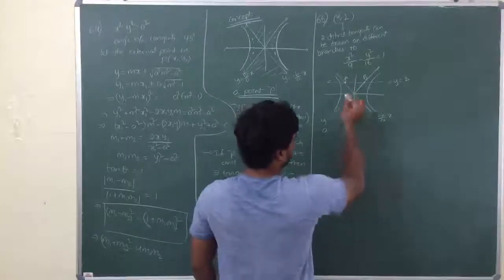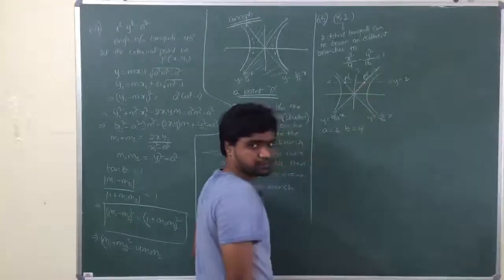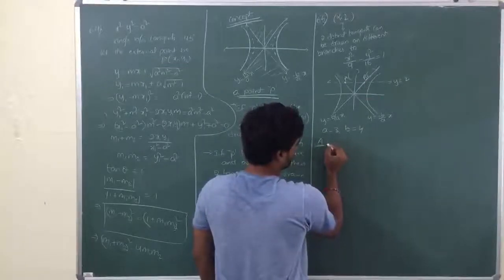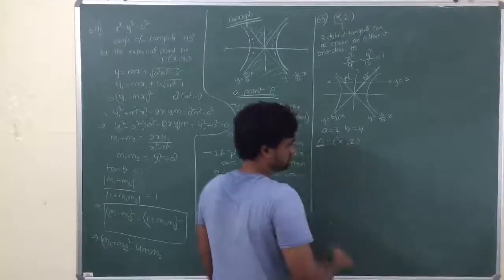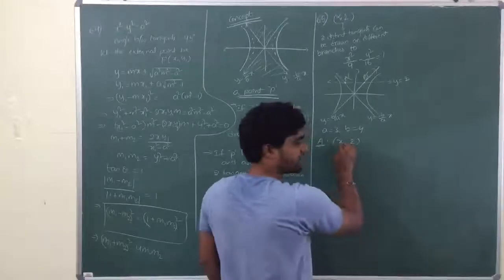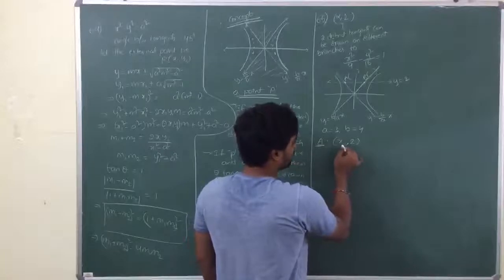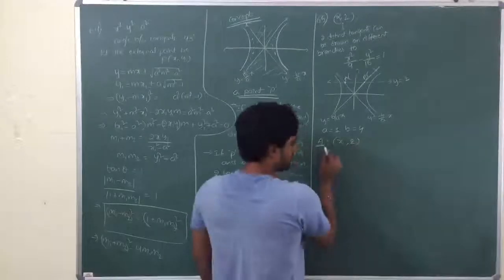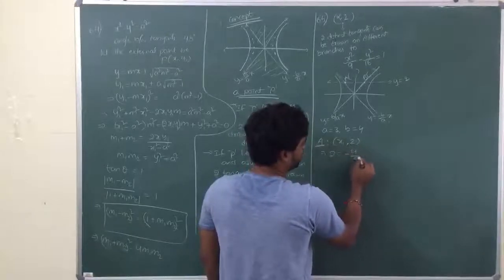Now find point A. It is x1 comma 2. The y coordinate is fixed, it is 2. Only the x coordinate changes for point A and point B. Now point A lies on which line? This line. So 2 is equal to minus 4 by 3 into x1.